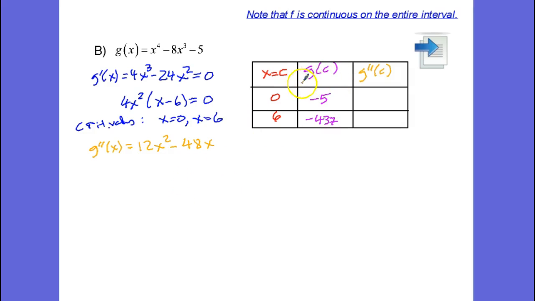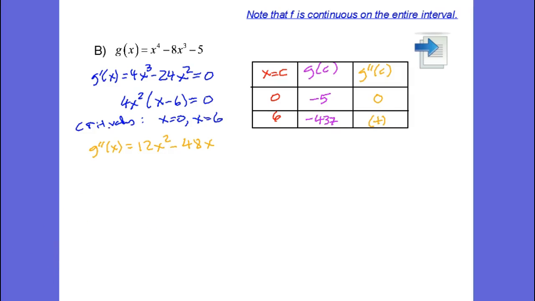And then I would plug my g double prime of x, 12x squared minus 48x, into your graphing calculator and just substitute 0 and 6 and look at the signs of your answer. And so what we find is that we actually get 0 for x equals 0, and we get a positive value for x equals 6.